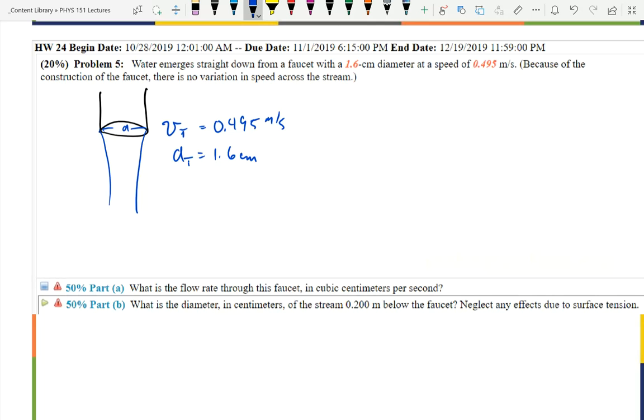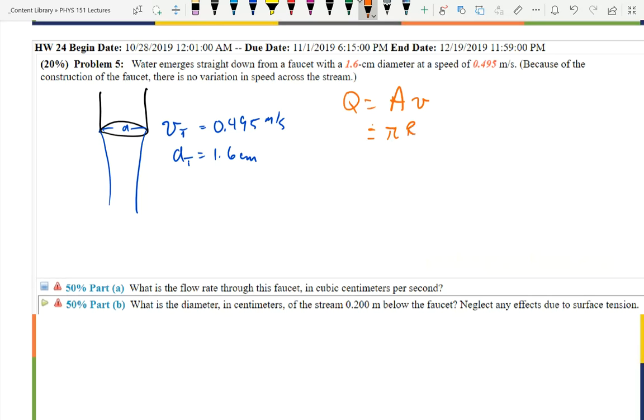Well, from class on Wednesday, we did the flow rate. What's the equation for flow rate? Q is equal to A times velocity, area times the velocity. Well, times speed, because it's not a vector, at least not the way I'm doing it. What's the area of a circle? Pi r squared.